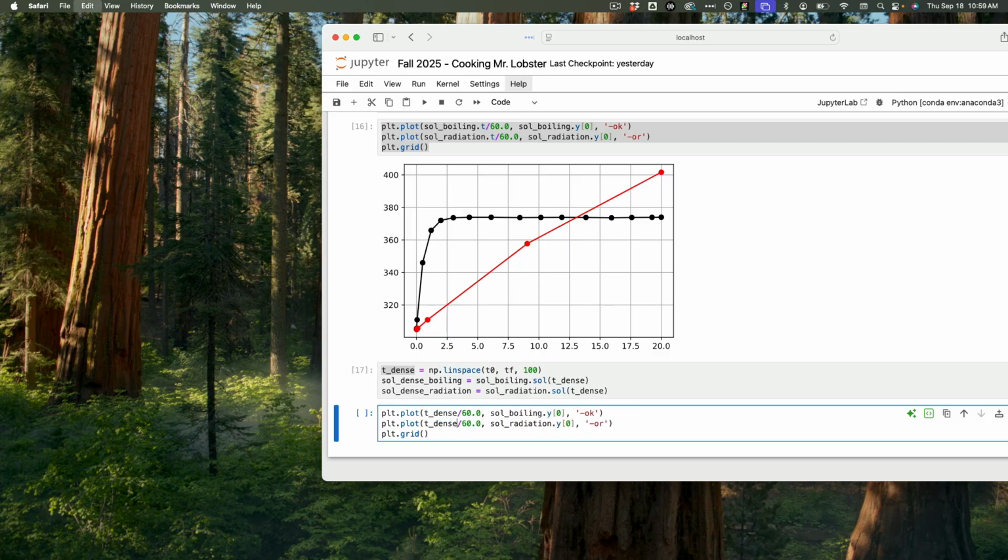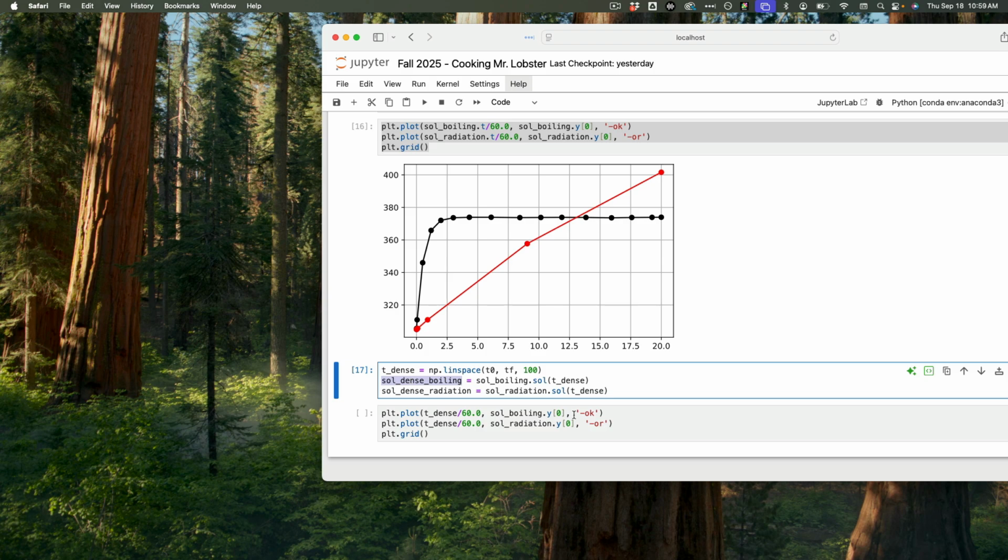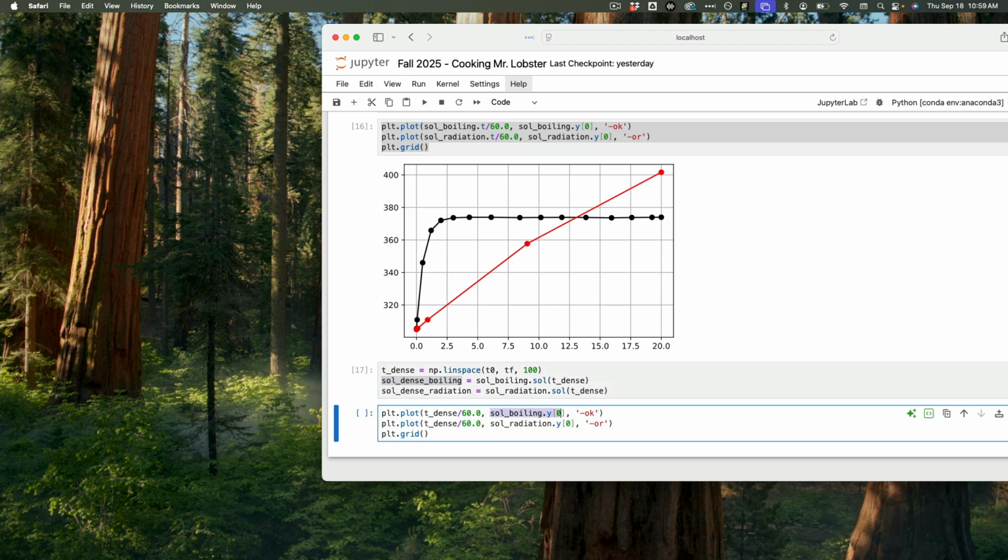I'm not using the sol radiation or sol boiling dot t because those are still the sparse points over here. And then sol dense boiling. Okay. And I think this is going to throw an error because, I'll tell you why.